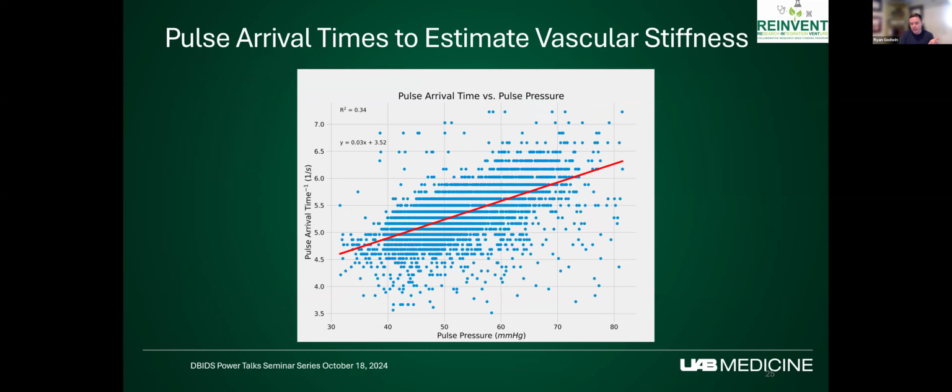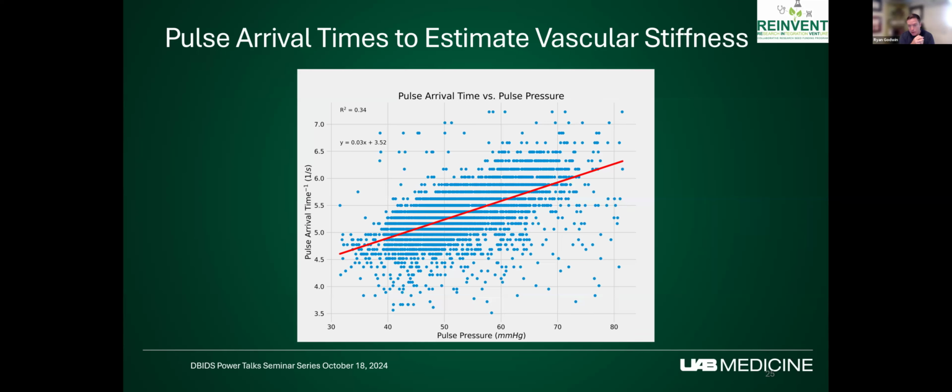This is what a single patient looks like, where we fit a best fit line to a plot of the 1 over the pulse arrival time, just like we saw that being proportional to the pulse wave velocity in the previous slide, versus the pulse pressure or various measures of pressure. So we looked at this across pulse pressure, systolic pressure, diastolic pressure, or mean arterial pressure.